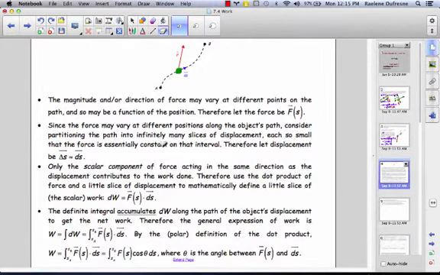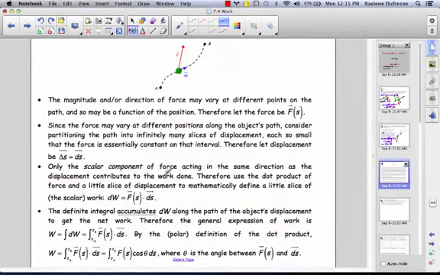Since the force may vary at different positions along the object's path, consider partitioning the path into infinitely many slices of displacement, each so small that the force is essentially constant on that interval. This sounds really familiar with our work with Riemann approximations. And therefore, we are going to let that really small little sliver of displacement, delta S vector, be approximated by ds vector.